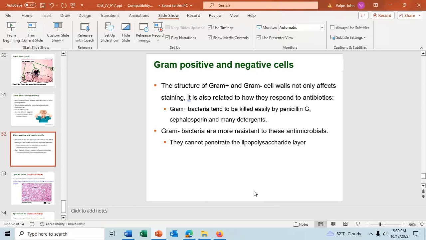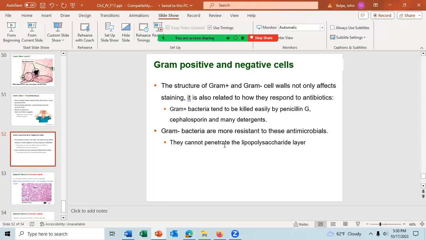And that's because these antibiotics or detergents can get through the cell wall and do damage to the cell. Whereas the gram-negative outer membrane can prevent these antibiotics from getting to the cell, and it can prevent certain detergents from getting into the cell and doing damage.